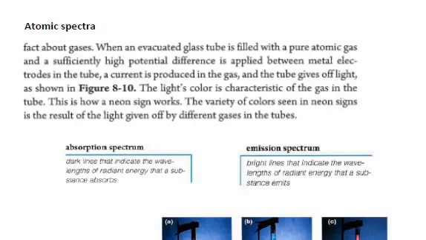Because of that atmosphere, when the radiation from the sun passes through it, some of the electromagnetic waves in the visible color will be absorbed by the atmosphere. And this is a big picture of atomic spectra.